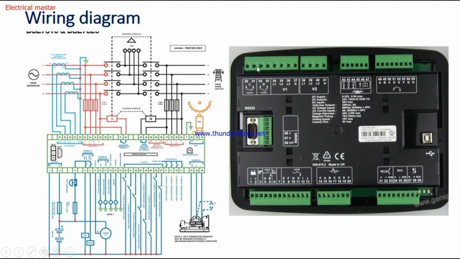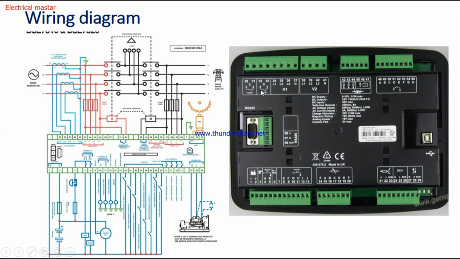So using these two contacts, we can connect to the load, the generator outgoing closing breaker and the utility loading breaker, for electrical interlock. See this picture. This side is the generator outgoing breaker, and this side is for the ministry supply or electricity board outgoing breaker.